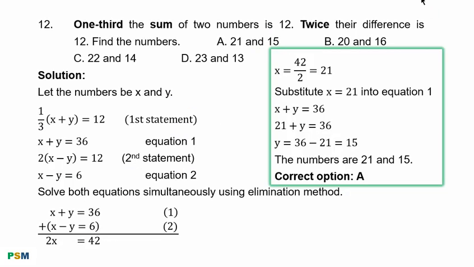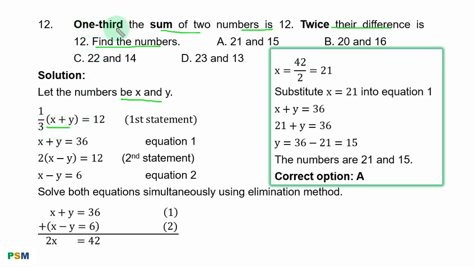Question 12. 1/3 the sum of two numbers is 12. Twice their difference is 12. Find the numbers. Solution. Let the numbers be s and y. So the sum is s plus y.